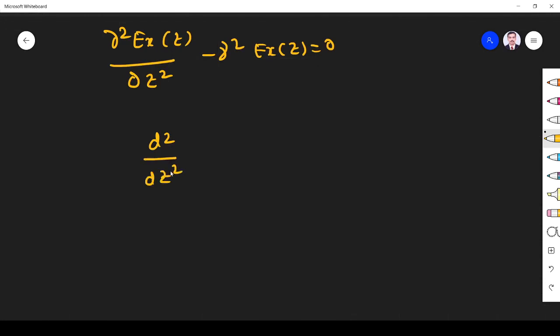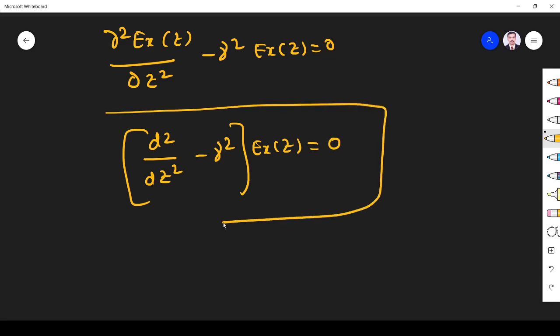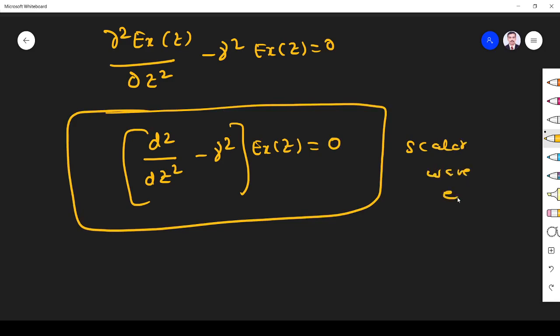So I can write d squared by dz squared minus gamma squared Ex(z) is equal to 0. Now you see it is a scalar wave equation, a second order equation.